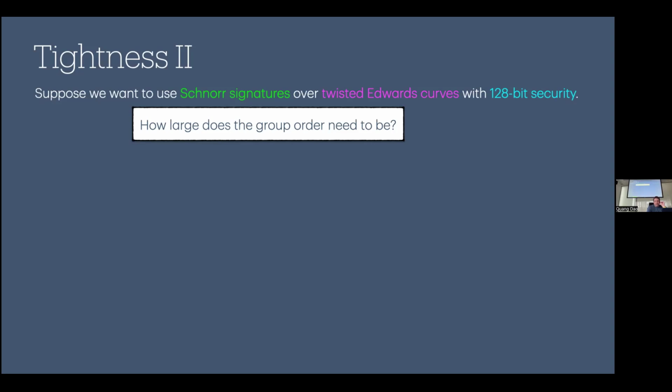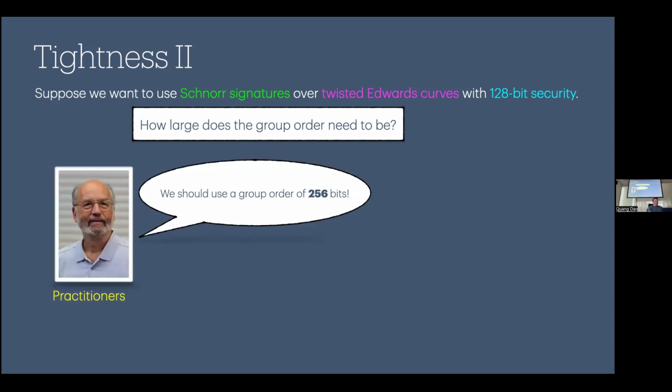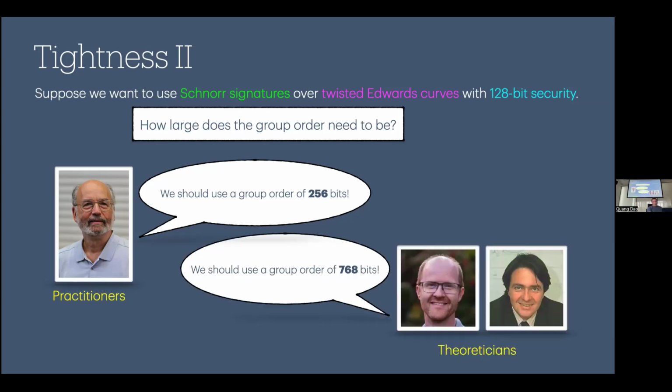Any other comments about that? Okay. So in my experience, it depends who you ask. So practitioners will indeed say that you should set it to 256 bits. But if you ask some theoreticians, they say it should be set quite a bit higher than that.